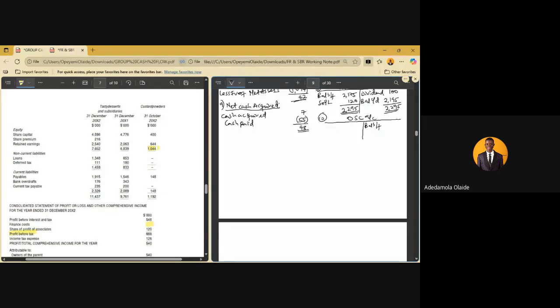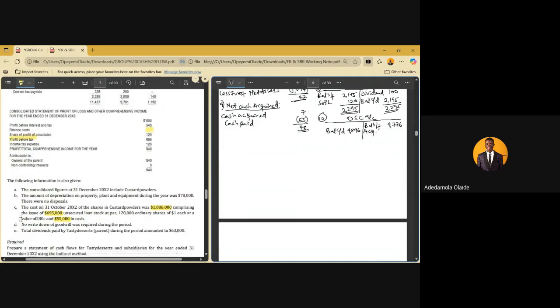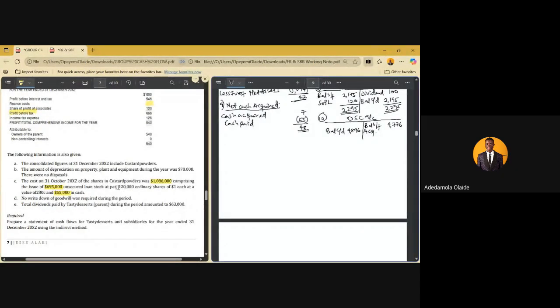Balance brought forward, balance carried down 4896. But on the acquisition of the subsidiary, they told us they sold 120,000 ordinary shares of $1 each. So that will give us 120.